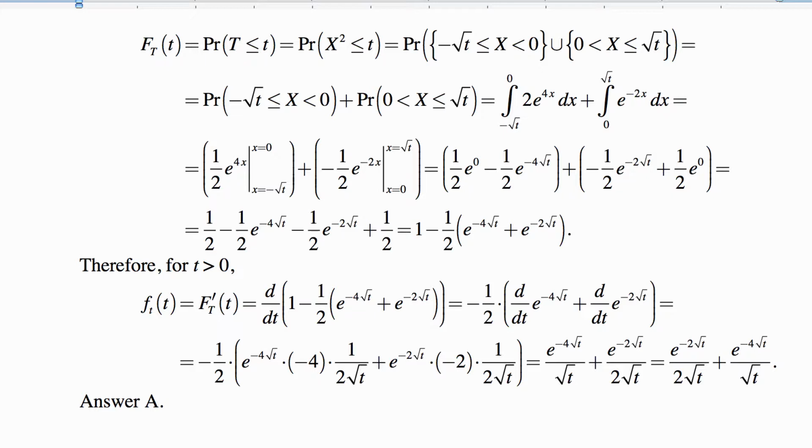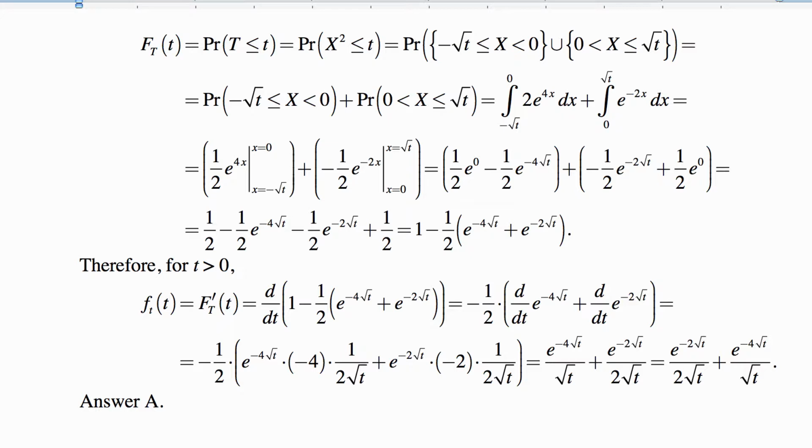Well, great, but x has a different formula for density for negative values and a different one for positive, so we need to separate those two for calculating probabilities, because x is a continuous random variable, so we calculate its probabilities using its density. So we can write this as the probability that x is between minus square root of t and 0, union the event that x is between 0 and square root of t.